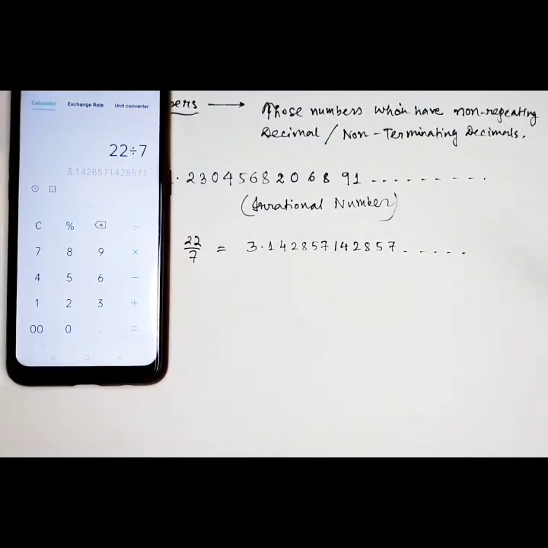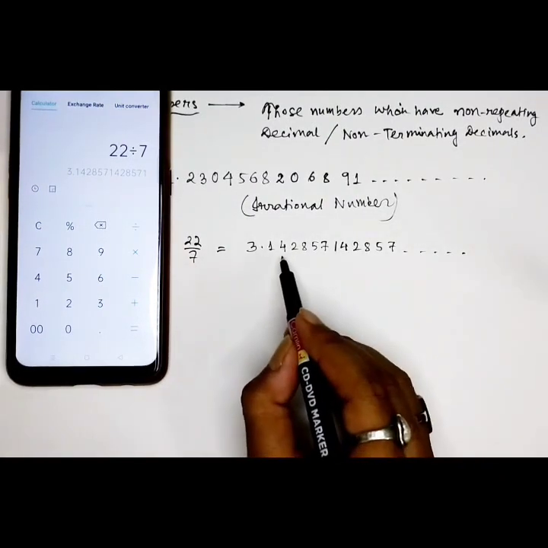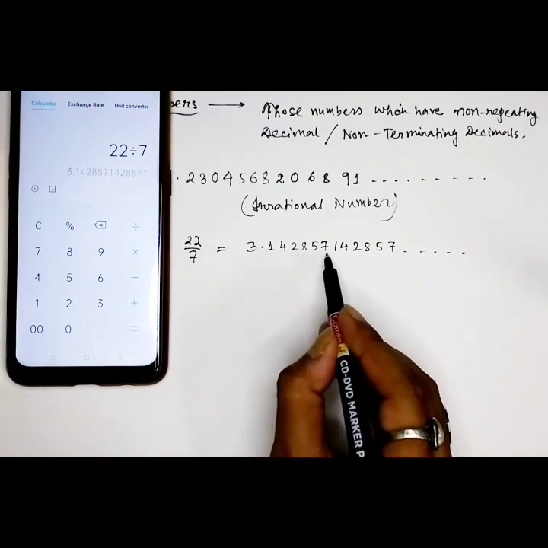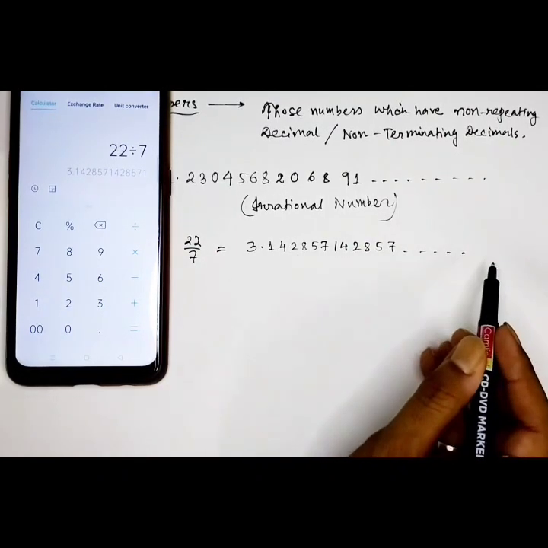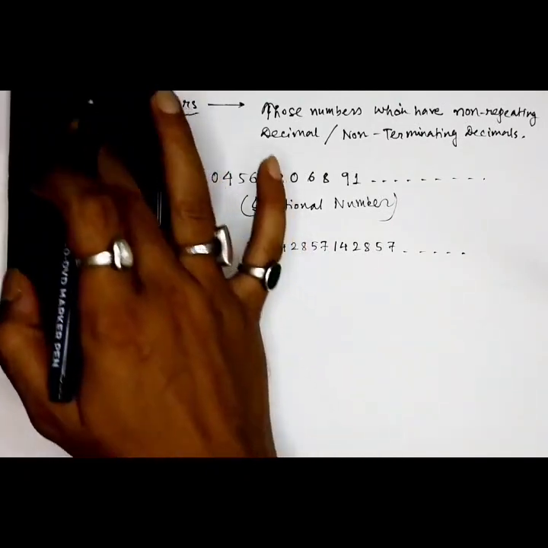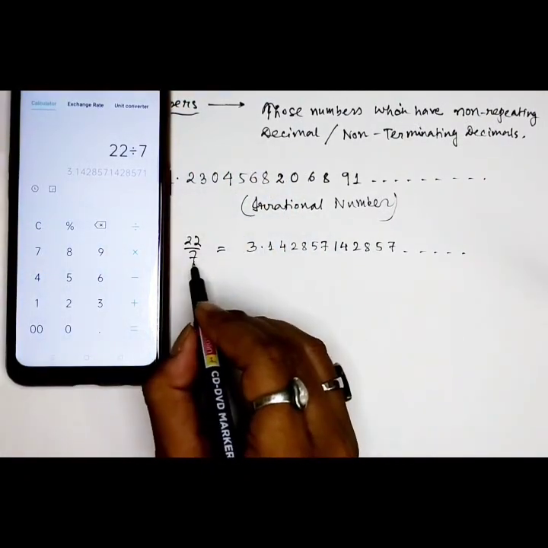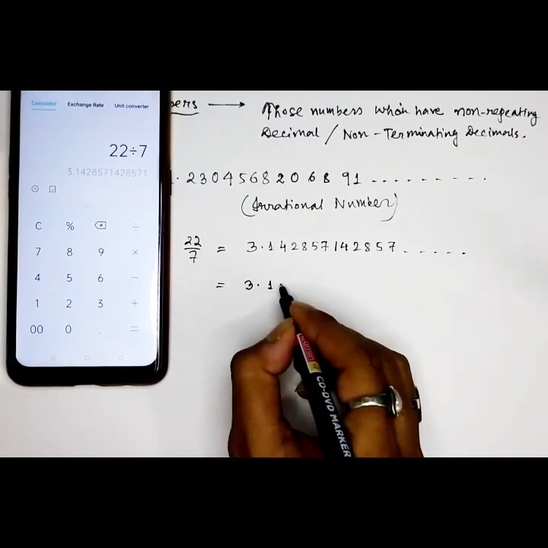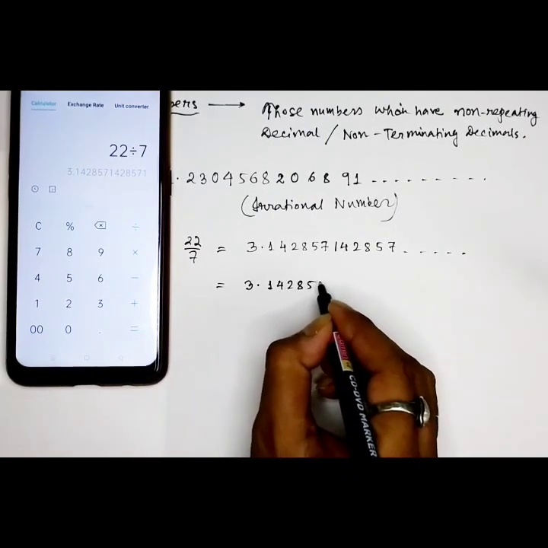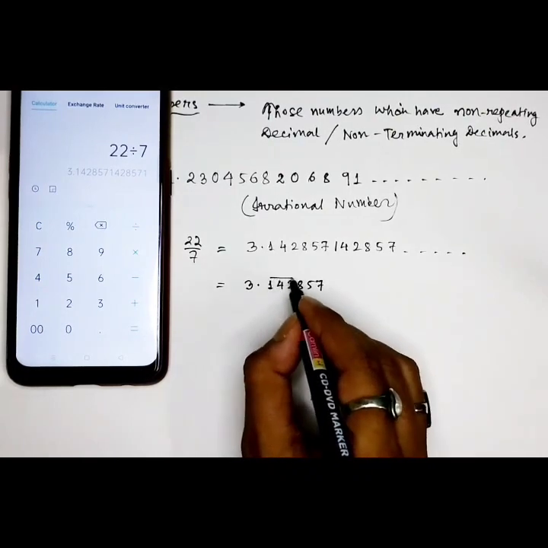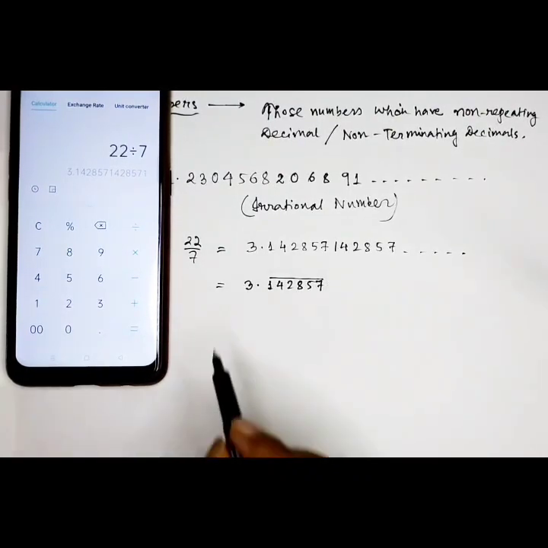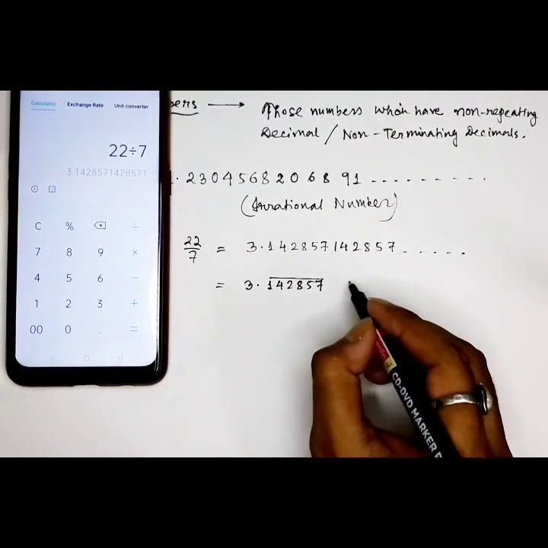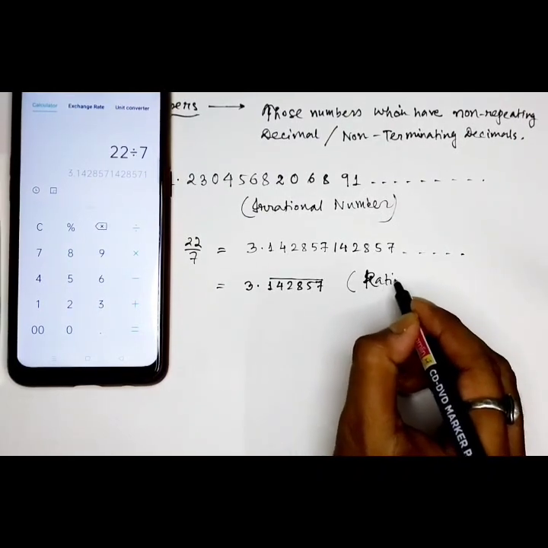Here we can see that the 142857 term is repeating continuously. So 22 by 7 can be expressed as 3.142857 bar. That is, 22 by 7 is a rational number.